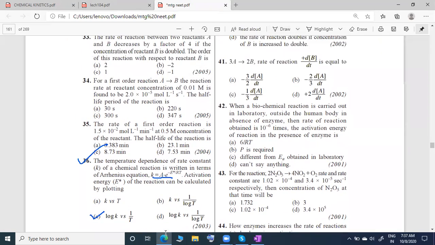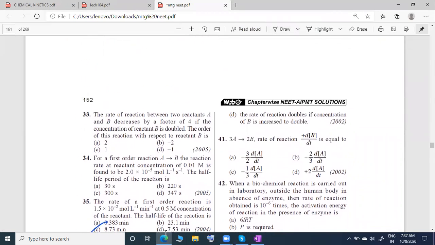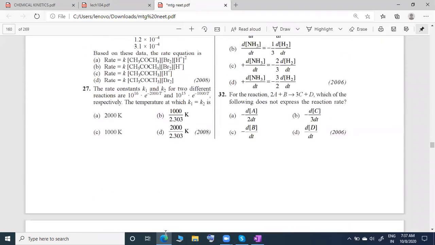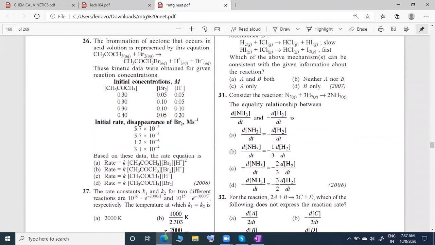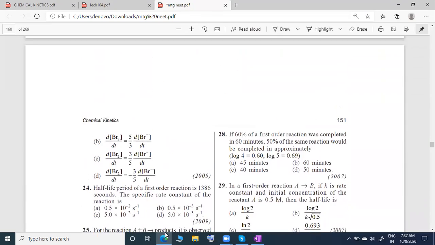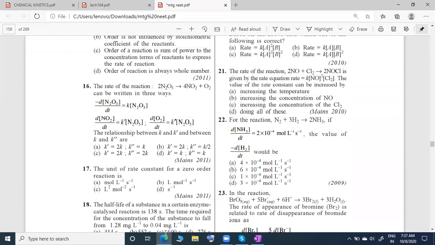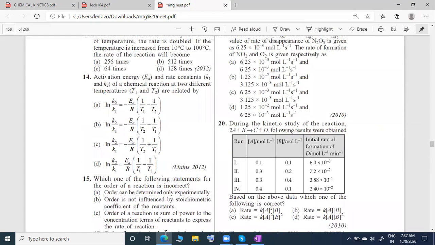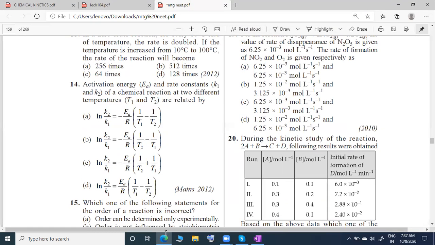Now we can try another question which is related to this one. One more, 14th question, 2012. Activation energy EA and rate constant at different temperatures. What is the graph given? ln K2 by K1 equals EA by R, 1 by T1 minus 1 by T2.